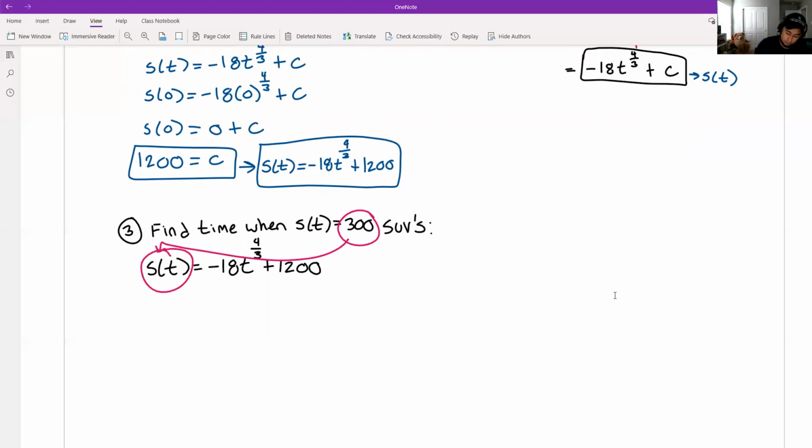So 300 goes in for S of t. So you get 300 equals negative 18t to the 4/3 plus 1200. And now our job is to solve for t. So the first thing to do is move over the 1200.